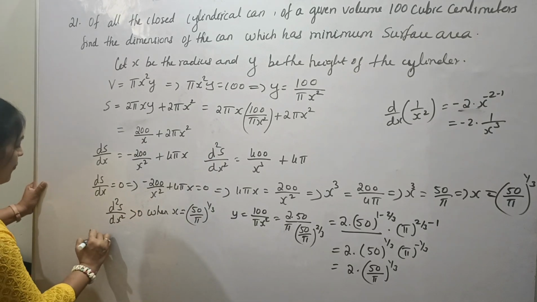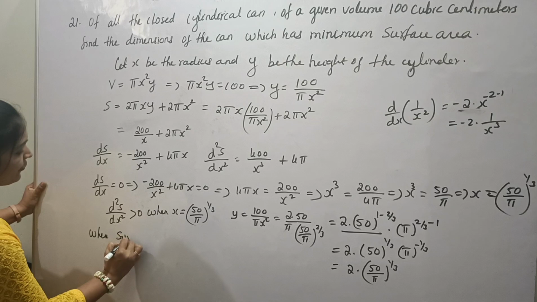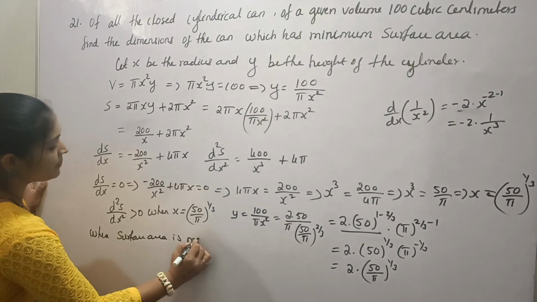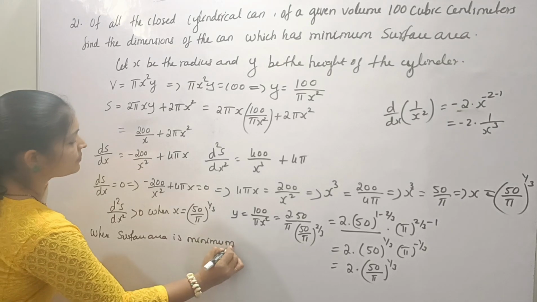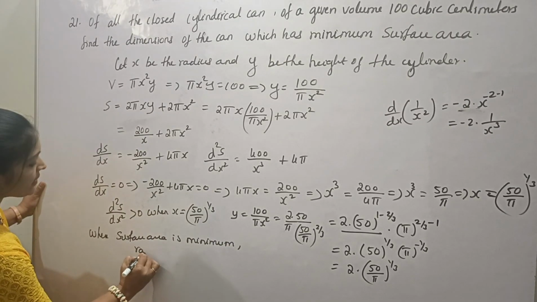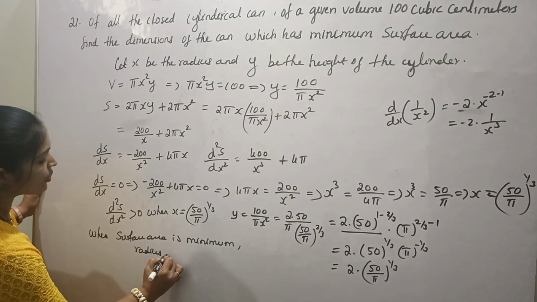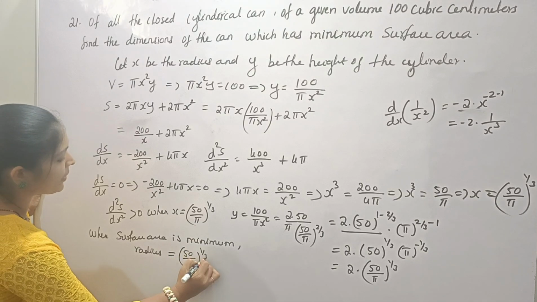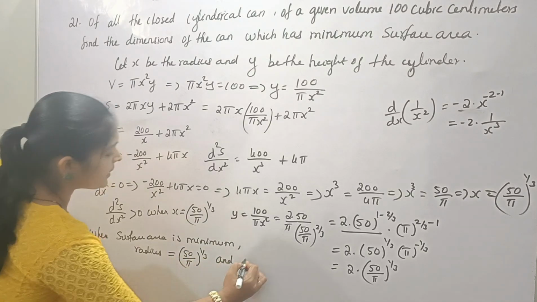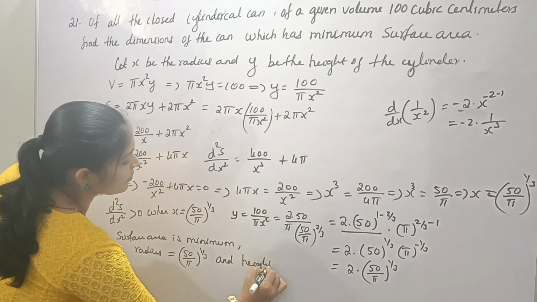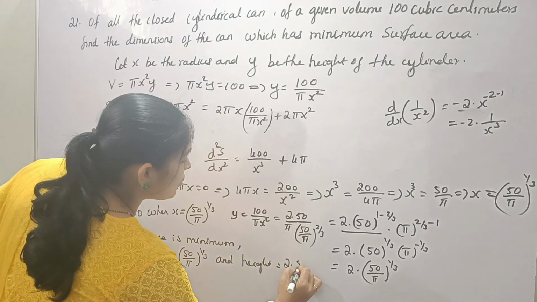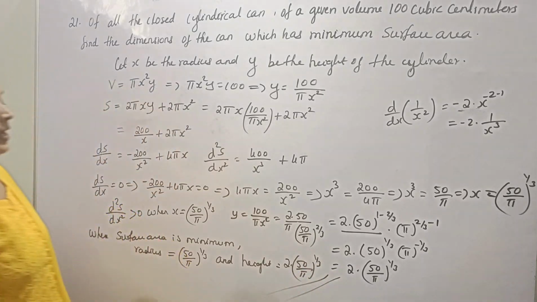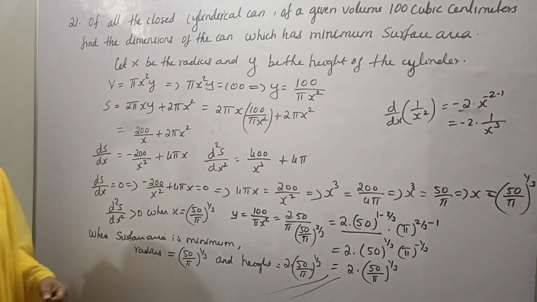So we can write, when surface area is minimum, radius is equal to 50 by pi whole raised to 1 by 3 and height is equal to 2 into 50 by pi whole raised to 1 by 3. Okay, it is the dimension when surface area is minimum.